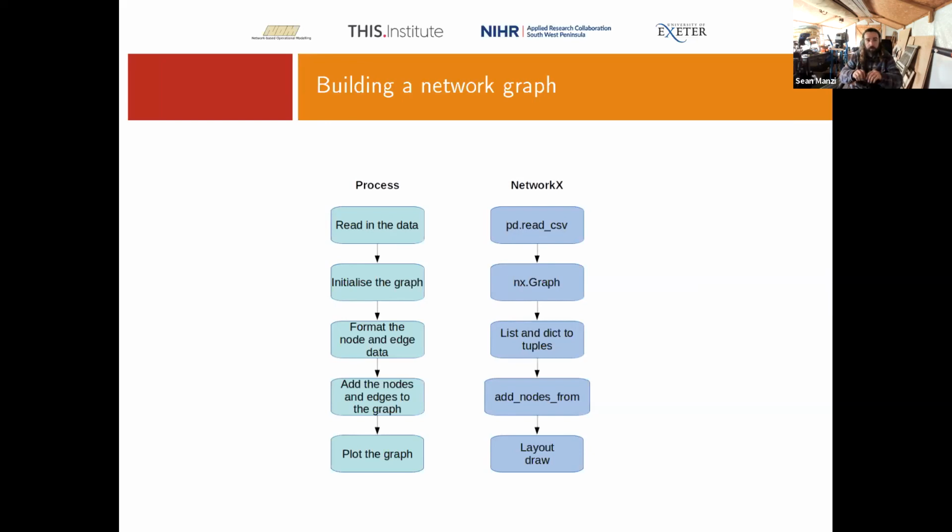We'll look at that in more detail in a minute. Then we use the add nodes from and add edges from functions within NetworkX to add those nodes and edges to our graph object. And then we create a layout, so we create a position for all of our nodes. There's a number of different algorithms that allow you to do this, and we'll cover more about that in the advanced sessions. Today we'll just be using a simple layout. And then we draw our graph.